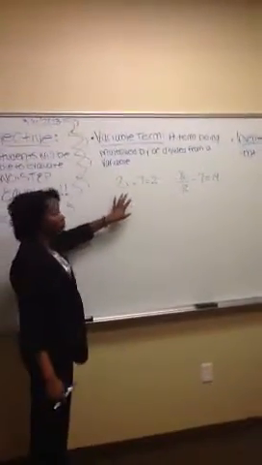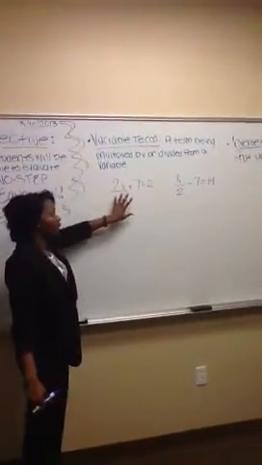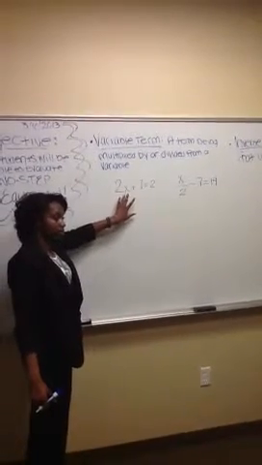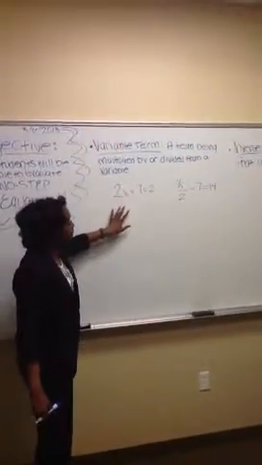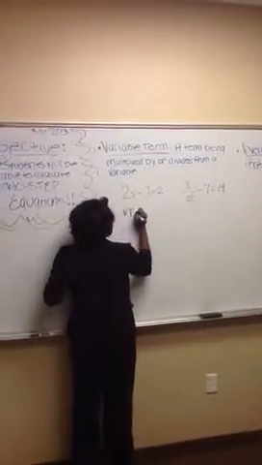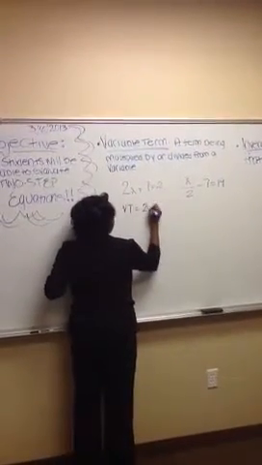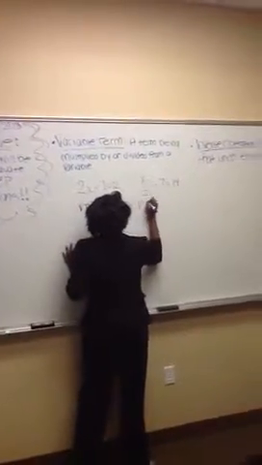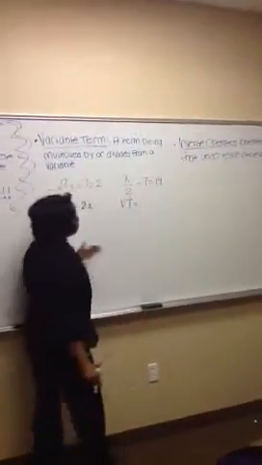So your variable term in this first equation will be 2x because it's being what to the variable? Being multiplied by the variable. And this one, our variable term, so we're going to name this VT, is equal to 2x. And our VT in our second equation will be what? X over 2. Right. X divided by 2 is our variable term in this equation.